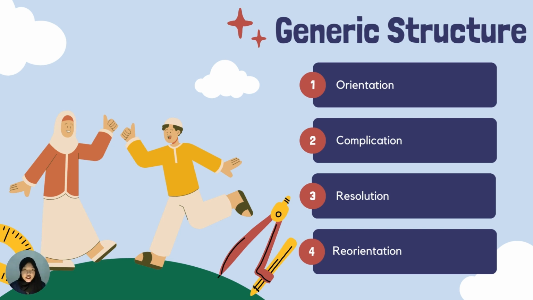In the complication, presents a problem or series of conflicts that the characters must face. The third is resolution. In the resolution, shows how the conflicts are resolved. And then the last is reorientation. So, this section is optional part where the story might reflect on the events, providing a moral or lessons.